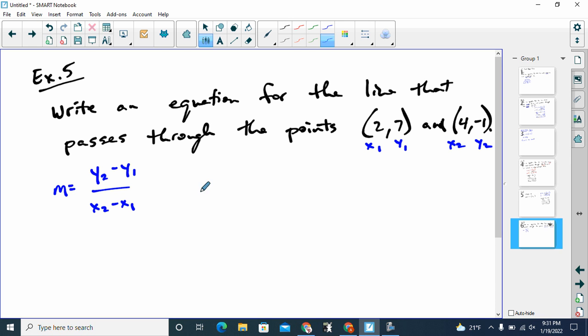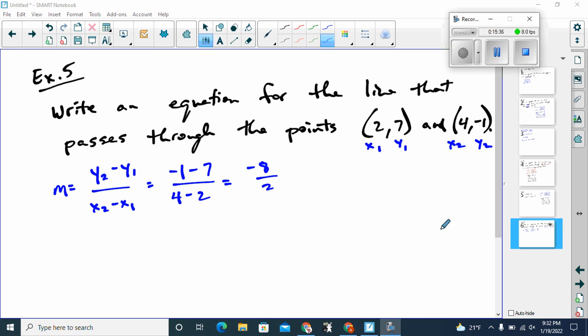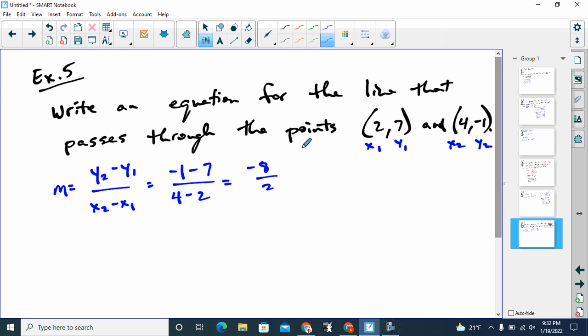I plug in the stuff where it belongs. y2 is -1. y1 is 7. x2 is 4. x1 is 2. -1 minus 7 is -8. 4 minus 2 is 2. -8 divided by 2 is -4. My slope is -4.